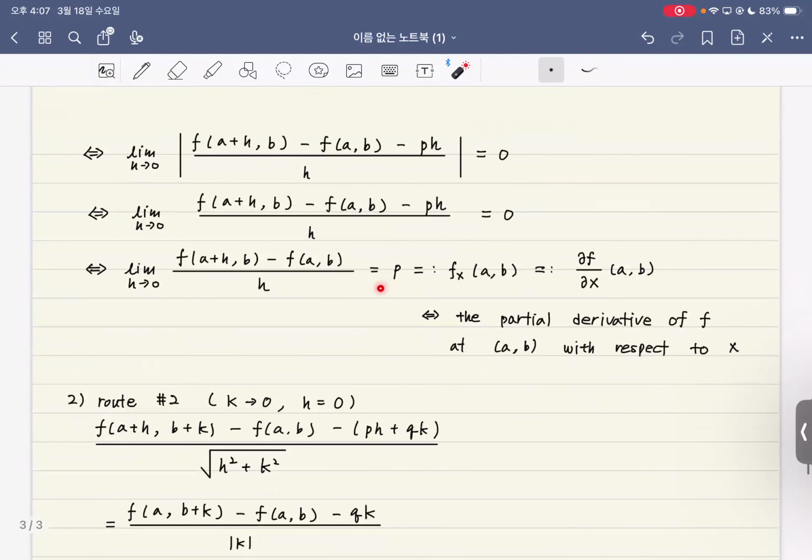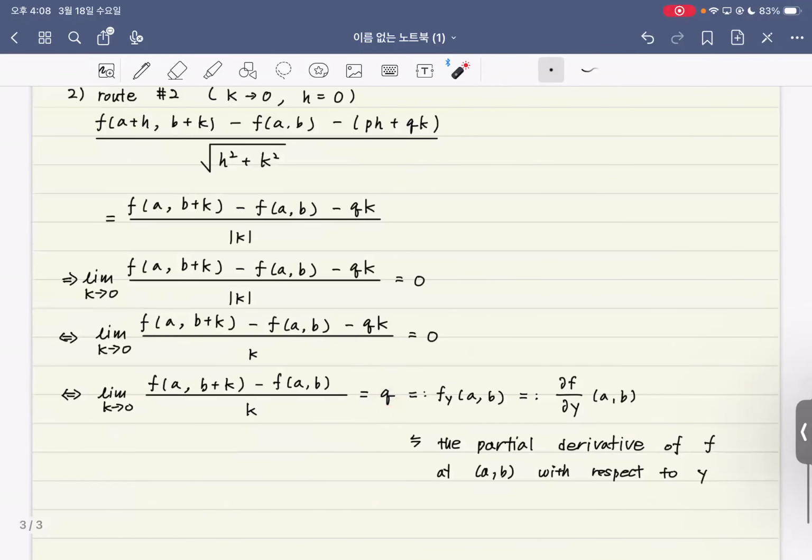Precisely, in order to get p, you consider the y coordinate constant, and you only do the differentiation for the x coordinate. And to get q, you consider the x coordinate fixed, constant, and you apply the differentiation only for the y variable. Once you get these two numbers, everything is very obvious. Then you can finally get the linear approximation of the function. I mean, the point here is that finding the partial derivatives is not a big deal. It is a routine computation.